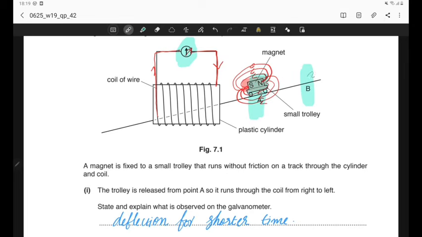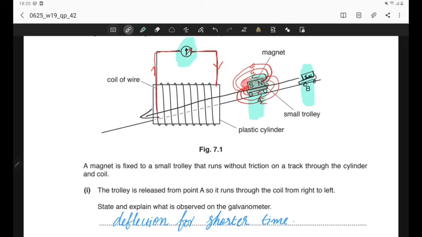So we should understand, when the trolley is now at B, it has more potential energy as it is higher. So when it is passing through this coil, it will have a higher speed. When the speed is more, the amount of current generated will also be greater. I will repeat, when the magnet starts to move from position B, initially it will have a greater potential energy, so it will have more speed while it is passing through the coil.